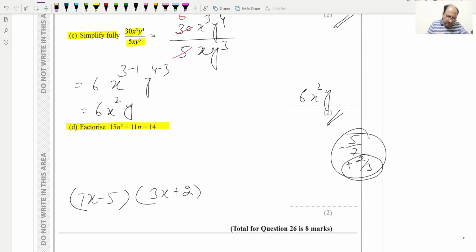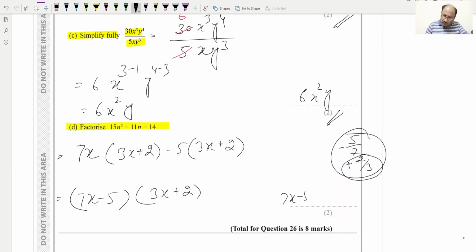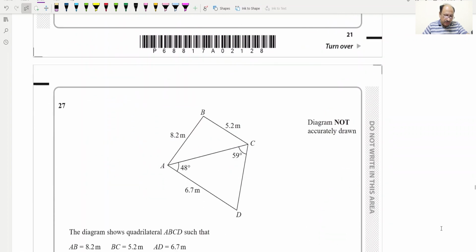Now as an intermediate step we can show our working, and that will be 7x multiplied by 3x plus 2, and then minus 5 into 3x plus 2, and this will be the final answer which we can provide over here. And this was a 2 marks question which we have done. Hopefully you understood this as well.